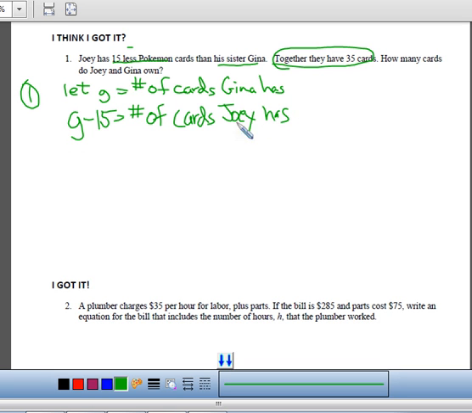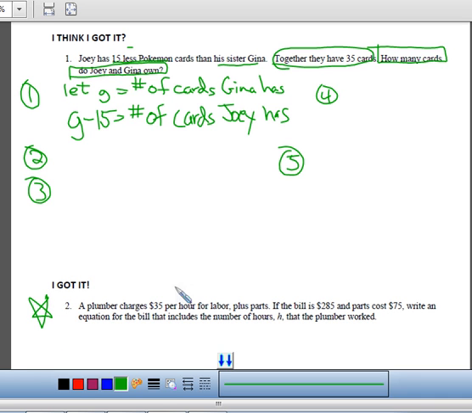Okay, your job is to do step 2, 3, 4, and 5 on your own. It is a question, so you do need to answer this in a complete sentence. And then try problem 2 all on your own. This one I'm going to put a star next to it. I'll be impressed if anybody can write the correct equation and do all this on their own.